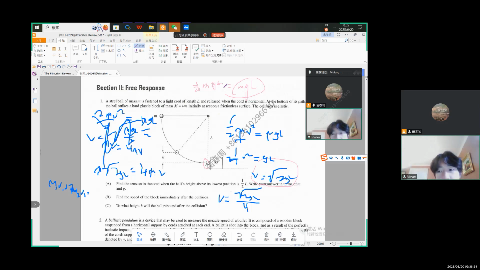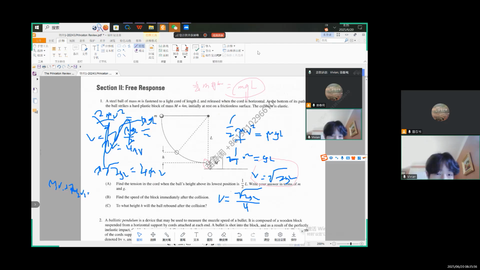Oh, okay. Are you using momentum conservation? Yeah, that too. Actually, you're not silly. You need both for this question. Only one of them can't really crack it. This one is complicated.